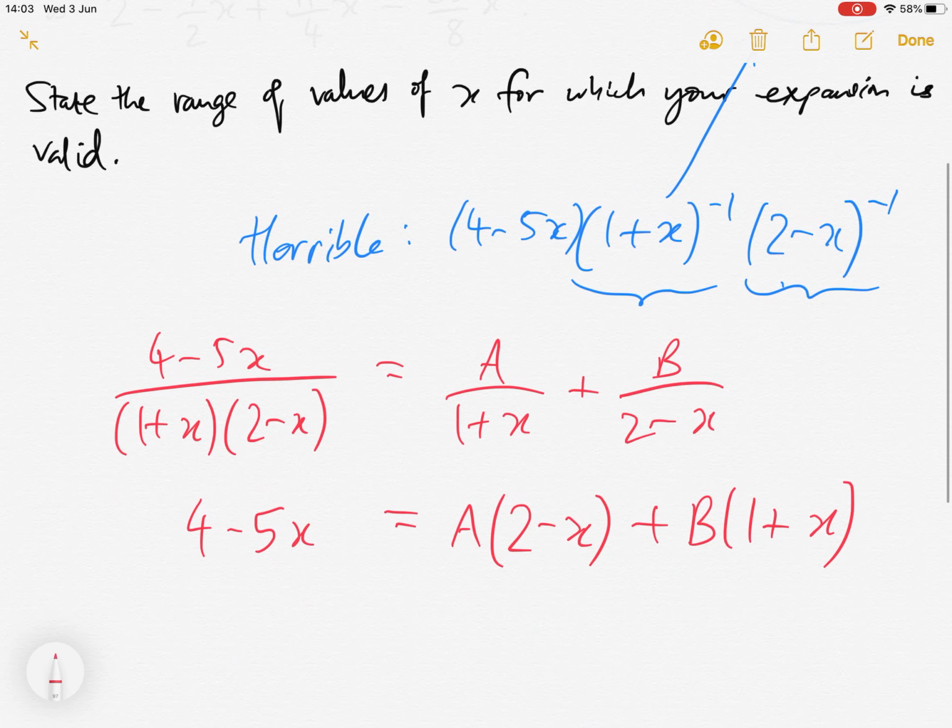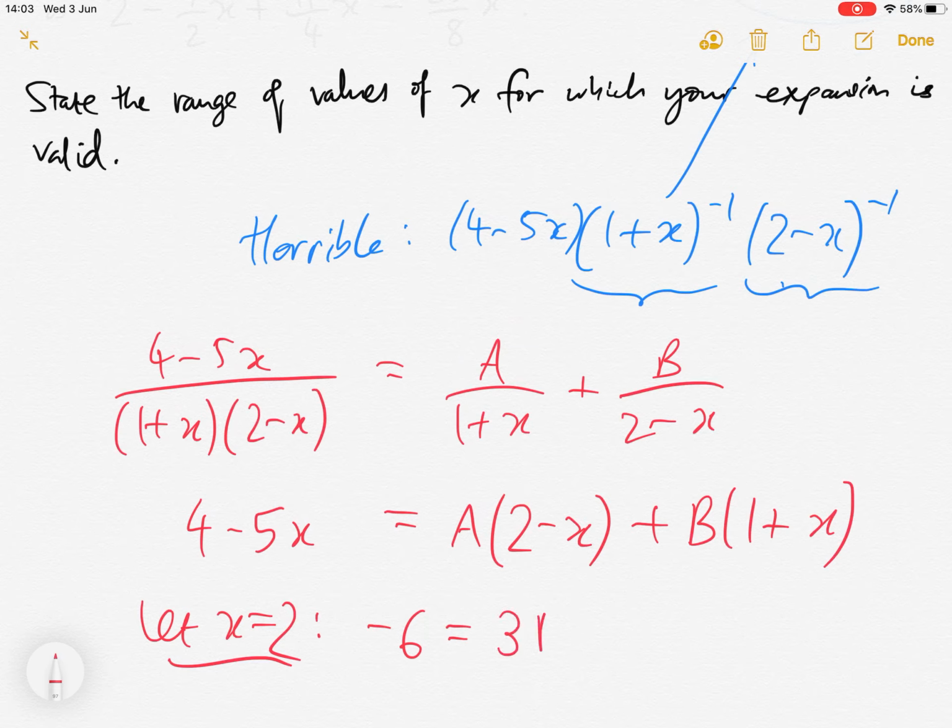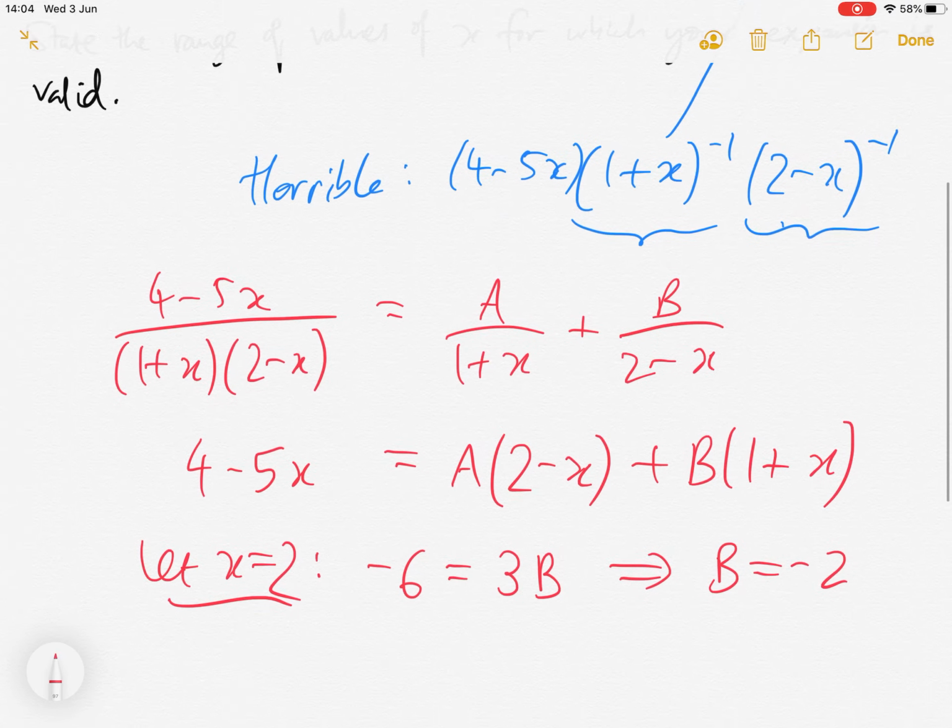And then we need to find A and B. To find B, we could let x be 2. And then we're going to get 4 minus 10, that's minus 6, equals A times 0 plus B times 3, which implies that B is minus 2.